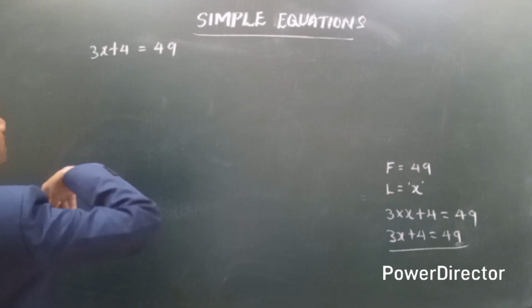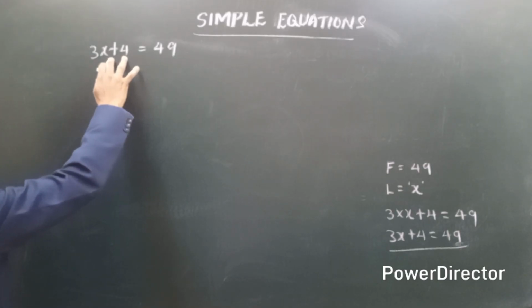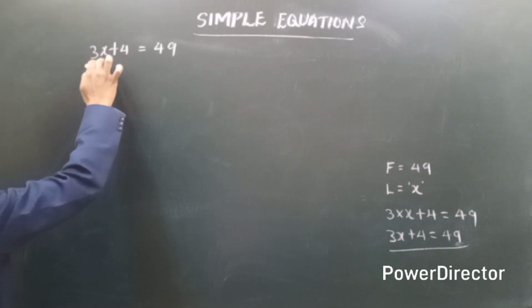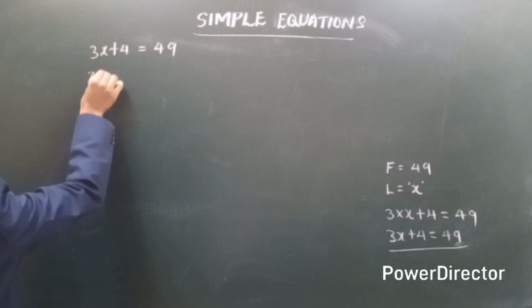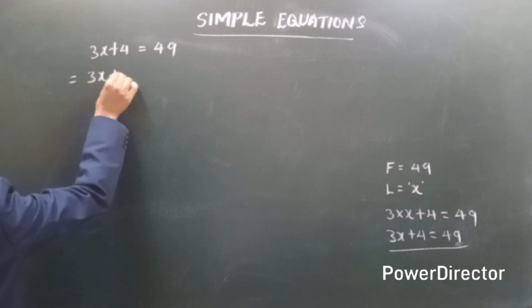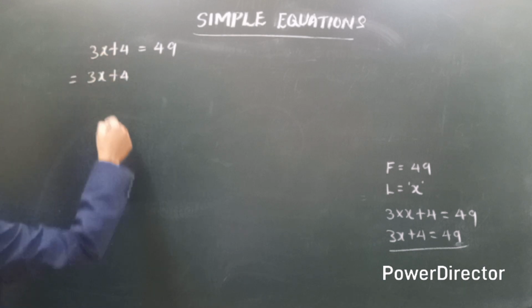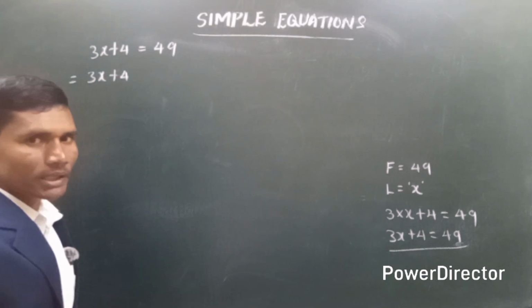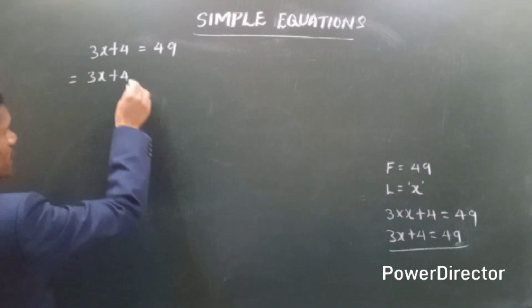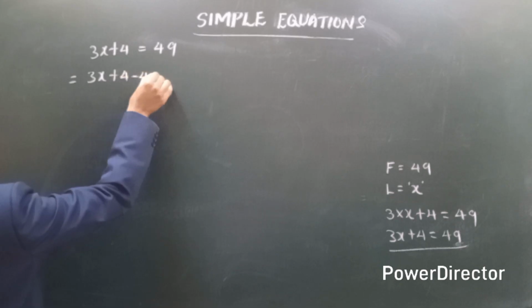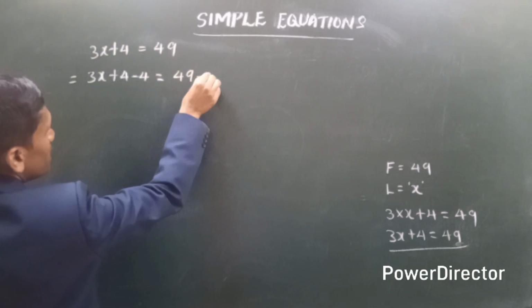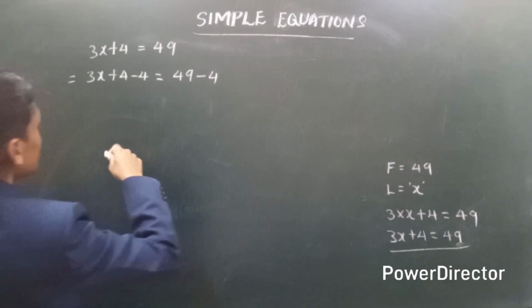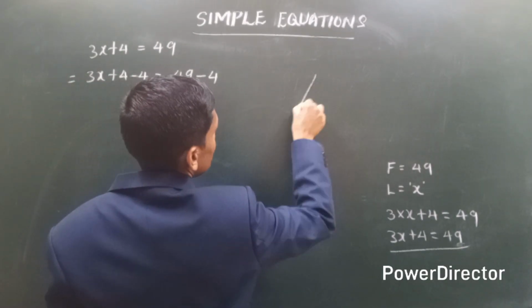We don't want plus 4 here, because we want only x. First we will remove 4. How to remove 4? In 3x plus 4, you add minus 4, the additive inverse, as you already know. If you add it here, the same has to be done on this side too: 49 minus 4. It is like a common balance.